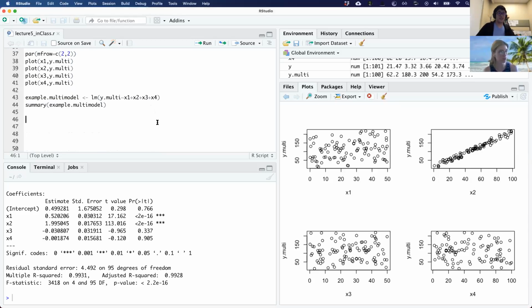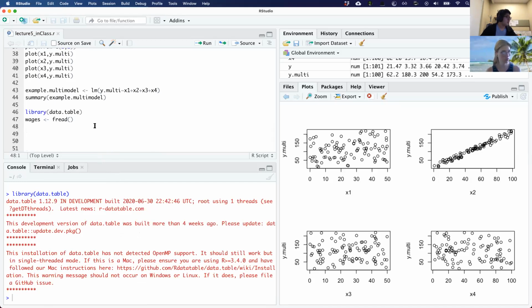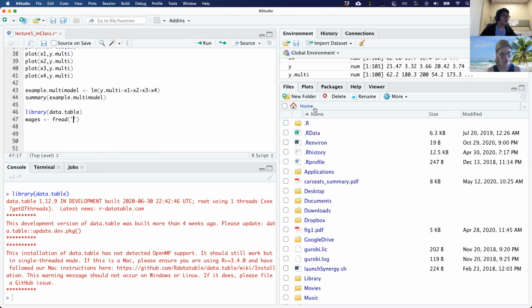So we are actually going to use a real data set called wages. I'm going to use fread again, which means I have to load in my data table. And I'm going to read in... okay, let's make sure we're in the right directory.